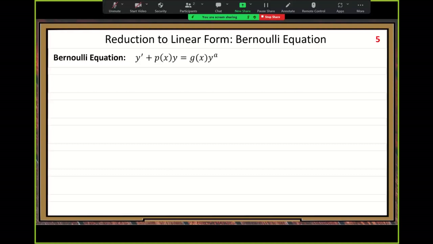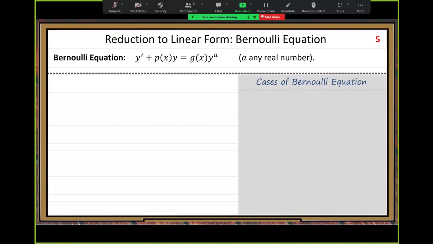You can see on the right-hand side there is a term, g of x times y to the a, with this parameter a at the exponent. This term is called the nonlinear property in this equation. Here a is any real number.